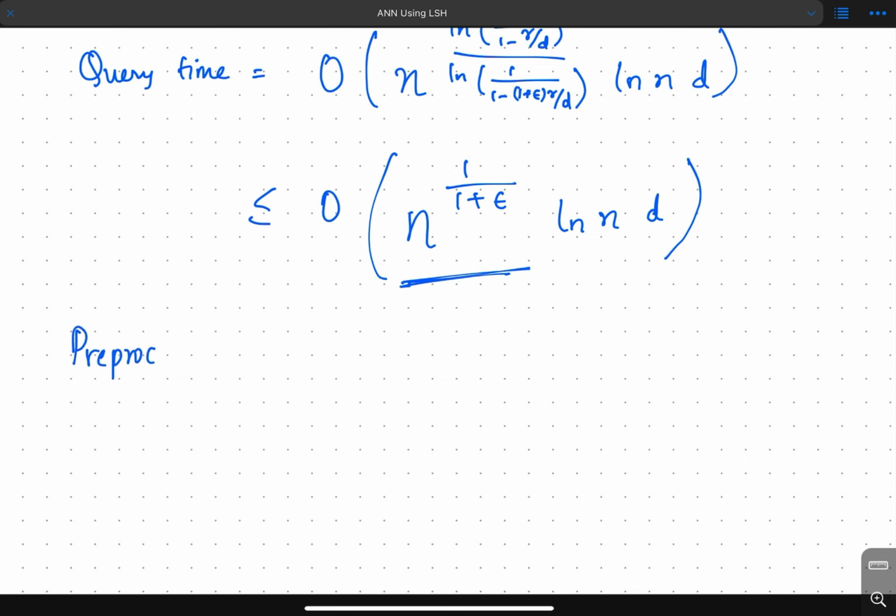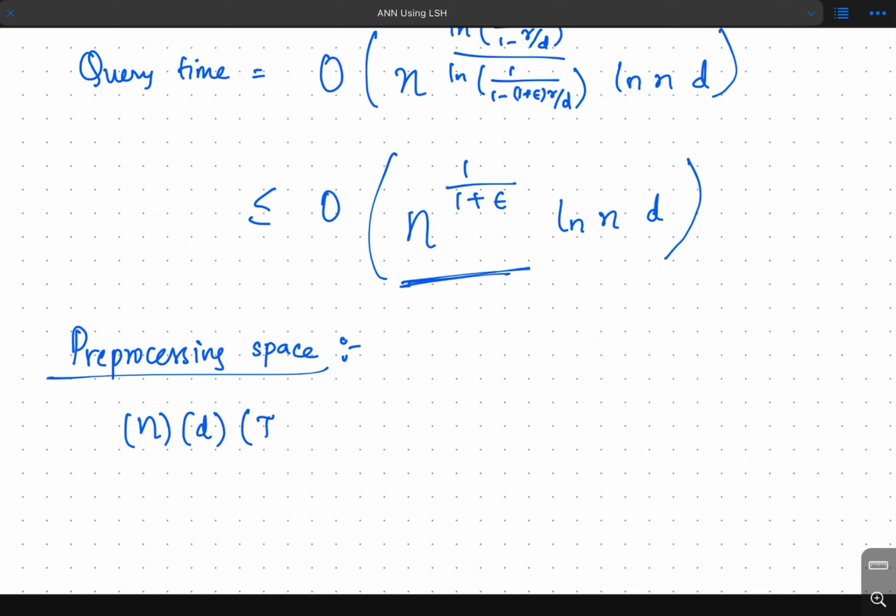Okay, that's with the query time. And the pre-processing space: remember that for each point in capital P, we are storing a matrix of dimensions tau cross k. Each point has d dimensions, and there are n points in total. The dimension d, again, is inevitable.